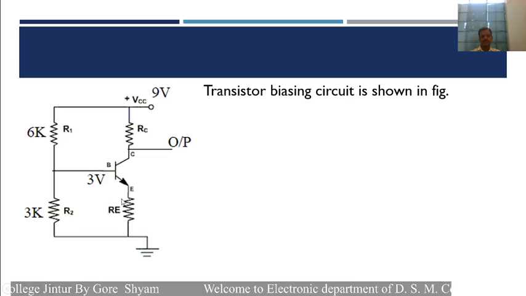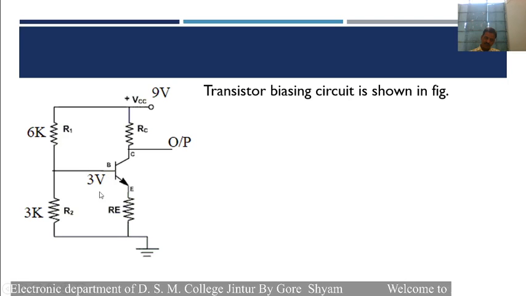Similarly, here a transistor is also used, and in this transistor one power supply is connected, that is VCC, which is 9 volt, and the voltage at the collector is equal to 9 volt, but the base requires a different voltage.